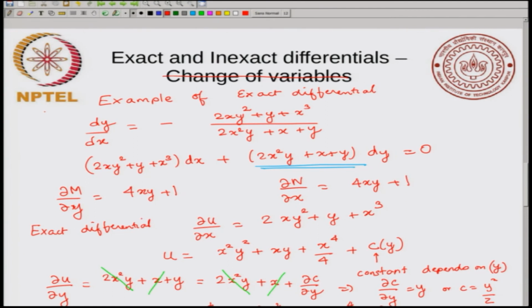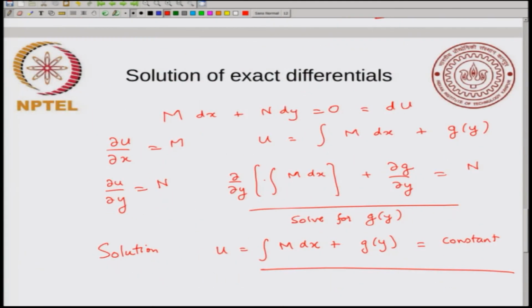And the only reason we could do this was because you had this exact differential condition that ∂M/∂y was equal to ∂N/∂x. So, this is a very powerful method to solve first order differential equations. And what it says is that even if you cannot separate the variables, you can still go ahead and solve first order differential equations.